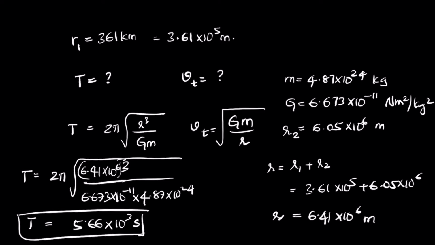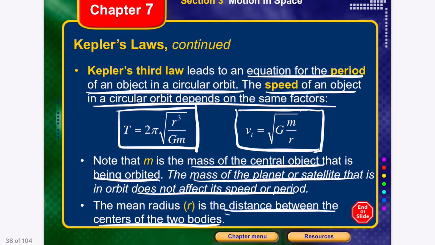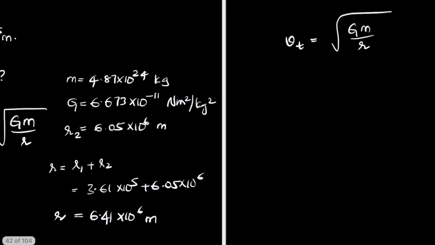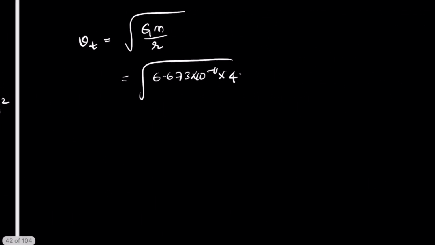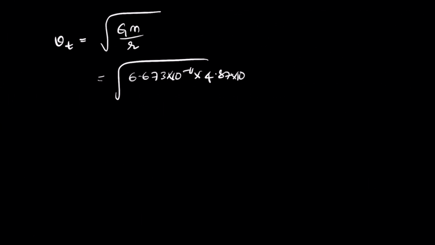Now we can also calculate the Vt value. So Vt is square root of GM by R. So substitute the values. That becomes 6.673 times 10 to the power negative 11 times 4.87 times 10 to the power of 24 over 6.41 times 10 to the power of 6.